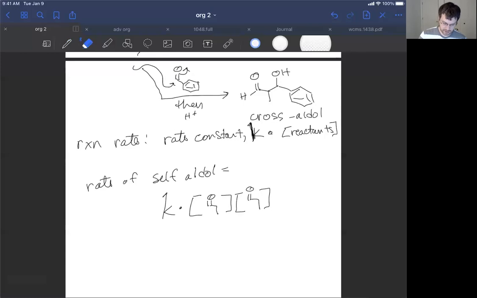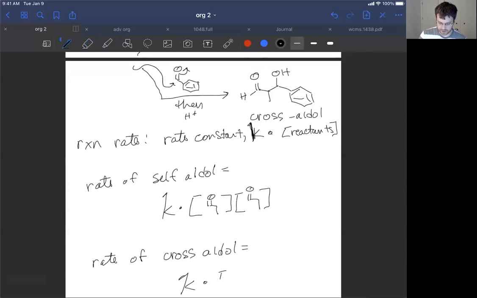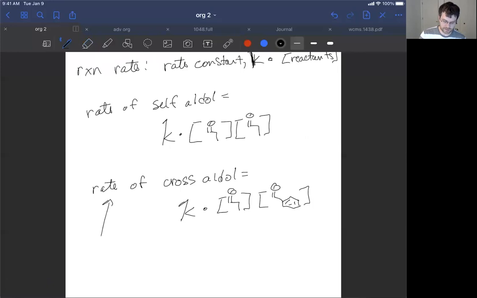Now the rate of the cross aldol is similar: rate constant times the concentration of aldehyde 1, which gets converted into an enolate, plus aldehyde 2. So how do you make the cross aldol reaction faster?